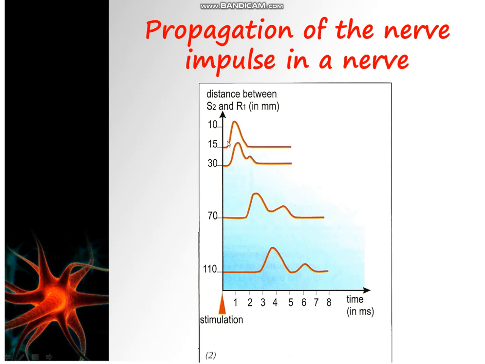When the distance between S2 and R1 was 15 millimeter, the oscilloscope records one peak, one global potential. As the distance increases, we notice the appearance of a second peak till we obtain 2 separated peaks when the distance becomes 100 millimeter. How can we explain this result?